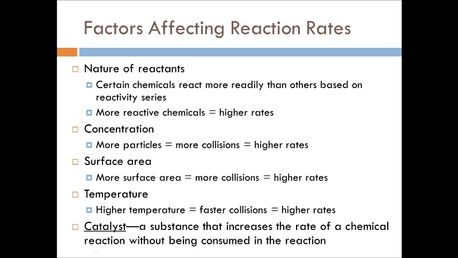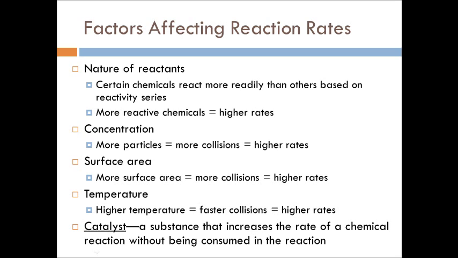Surface area. Similar idea to when we were talking about dissolving. More surface area means more collisions and higher rates, so more interactions. Temperature makes the particles move faster, so you have more collisions, and again, higher rates. The last thing is a catalyst. This is something you talked about briefly in biology.